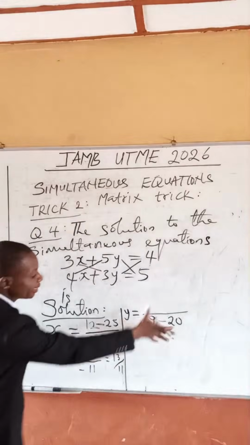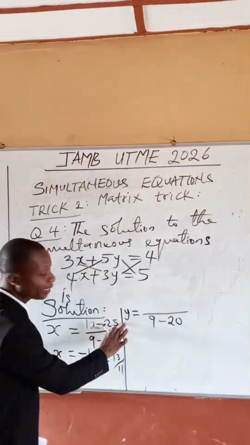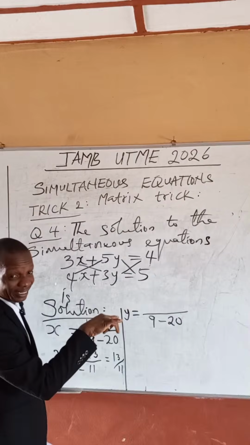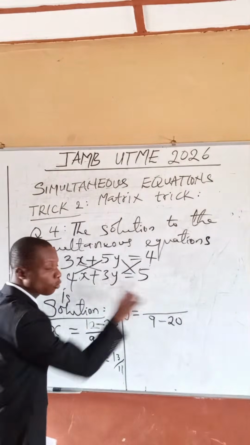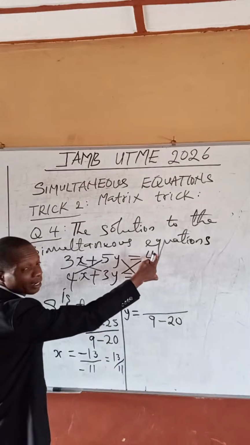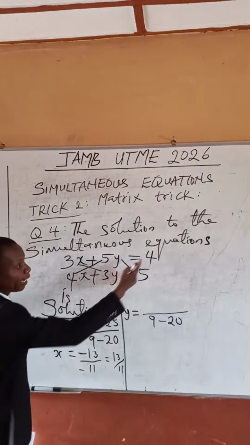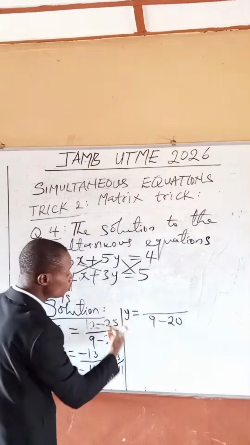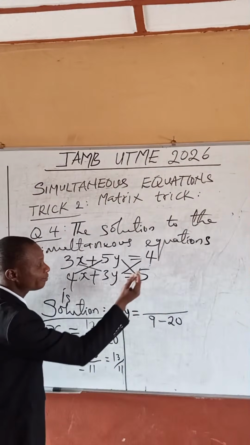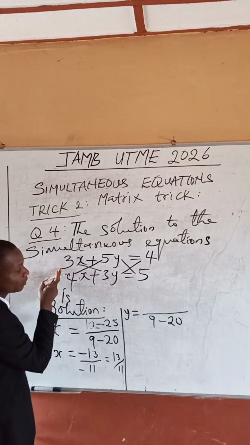That is x. Now let's go to y. When handling y, use the coefficient of x. Cross multiply the coefficient of x with the constant. Don't start from here. We started from here, right? When finding that of x. This is y. So to get the value of y, start from the base here and cross multiply it with this.